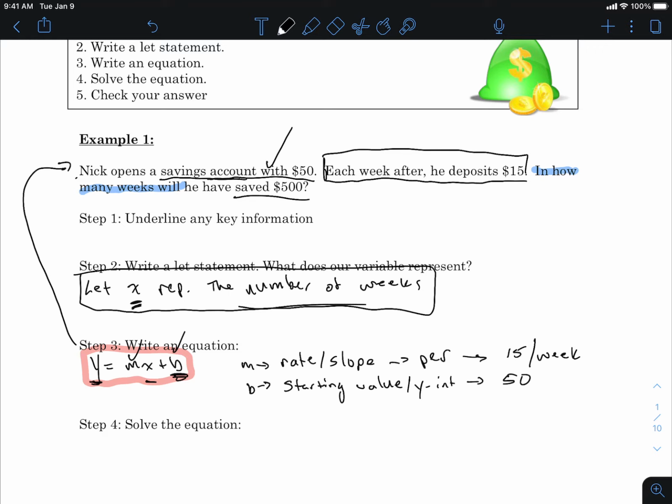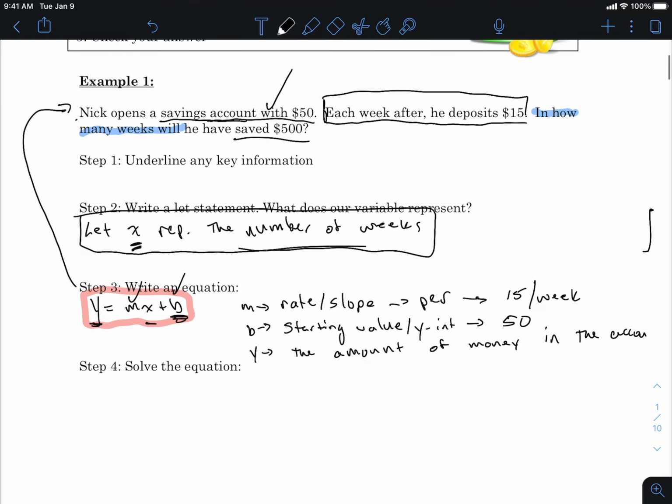So by process of elimination, y must be the amount of money in the account. Did you get it? Right? So that number is just 500, because that's where you want to find out how long it takes to get there, right? So $500.